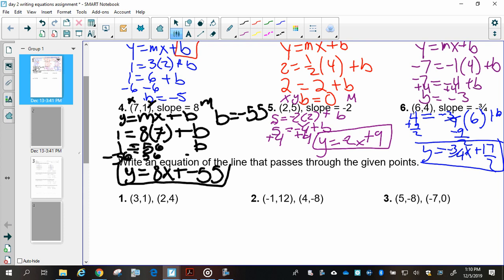Christina, you did this. So Christina put these into the equation, and then she multiplied, and she subtracted to get b equals -55. I am going to change one thing because you don't need both of these. So the equation was y equals 8x minus 55.